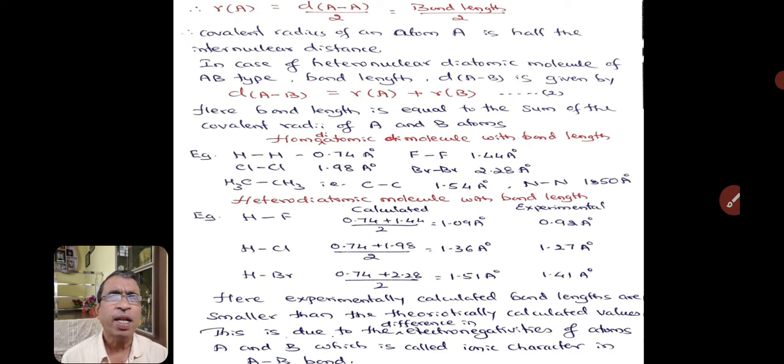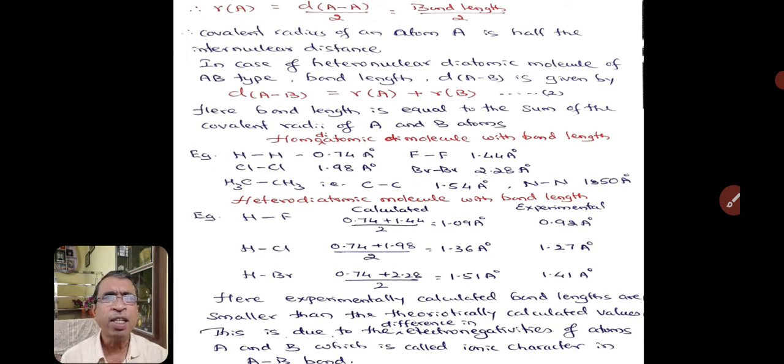The covalent radius of an atom is half the bond length, or half the internuclear distance.